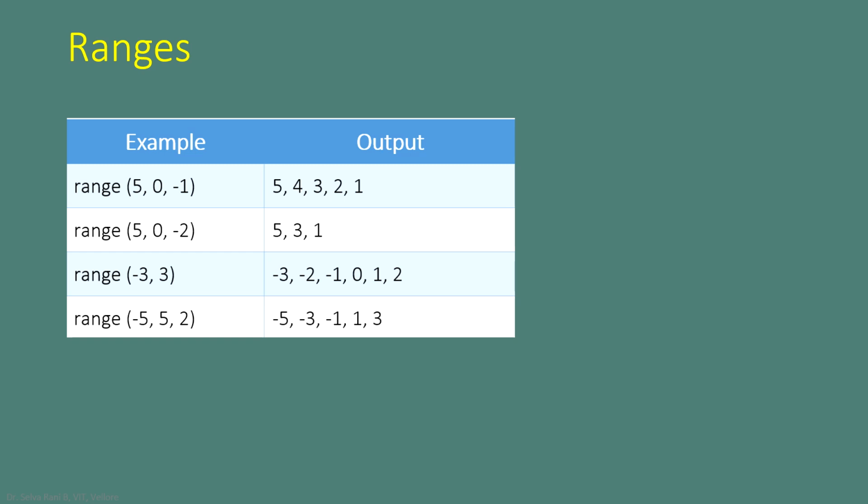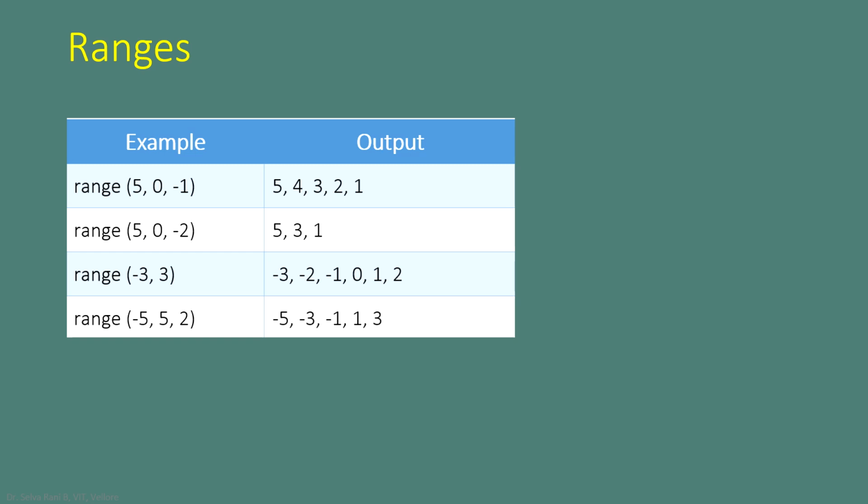Next range of minus 3, 3. Minus 3 is the starting value. So the step value here is going to be assumed as plus 1 by default. So initially, minus 3 is generated. And minus 3 plus 1, it is going to be minus 2, the next value. And minus 2 plus 1, minus 1 is going to be the next value.